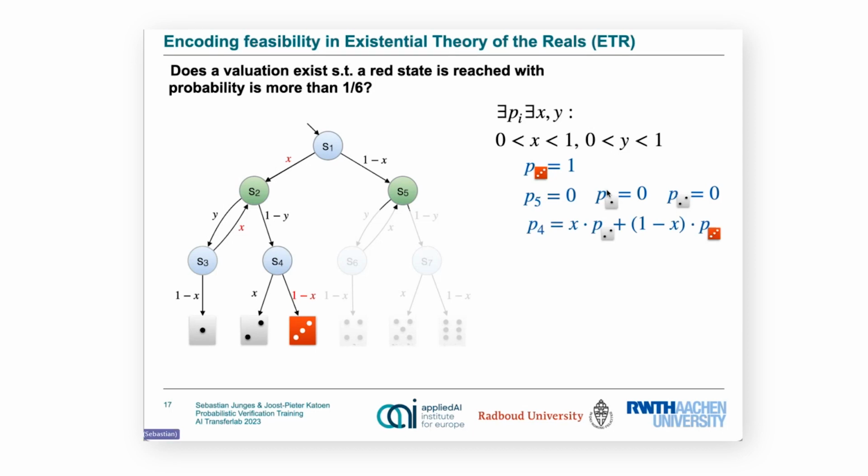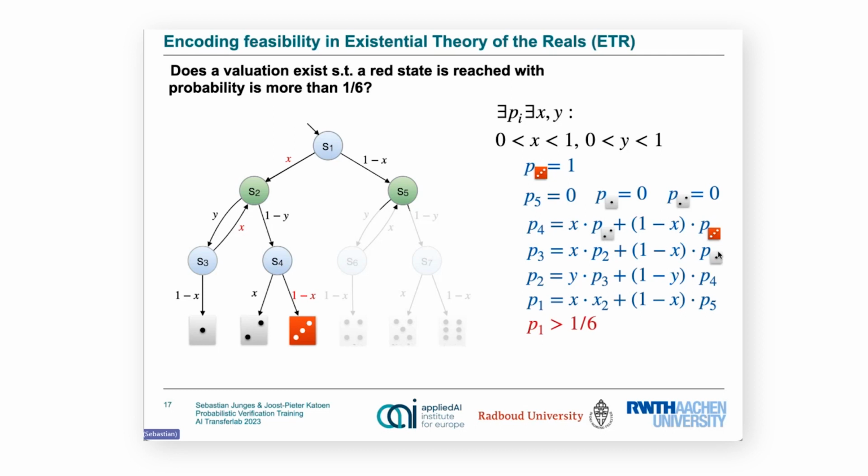And then we can have this recursive linear equation system where the probability to reach the target from state 4 is x times the probability to reach the target from this outcome, plus 1 minus x times the probability to reach the target from this red state. Can do the same kind of equations for all the other states here. And then in the end, I'm going to ask, is the probability from this initial state bigger than 1/6?